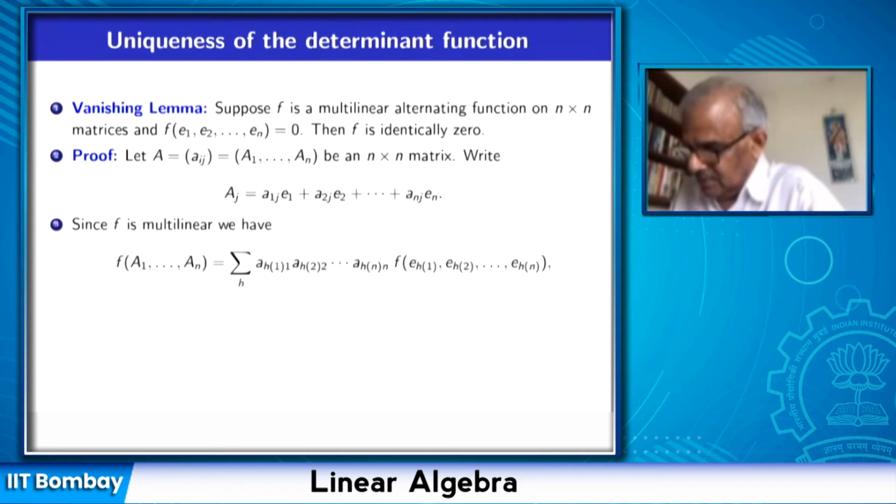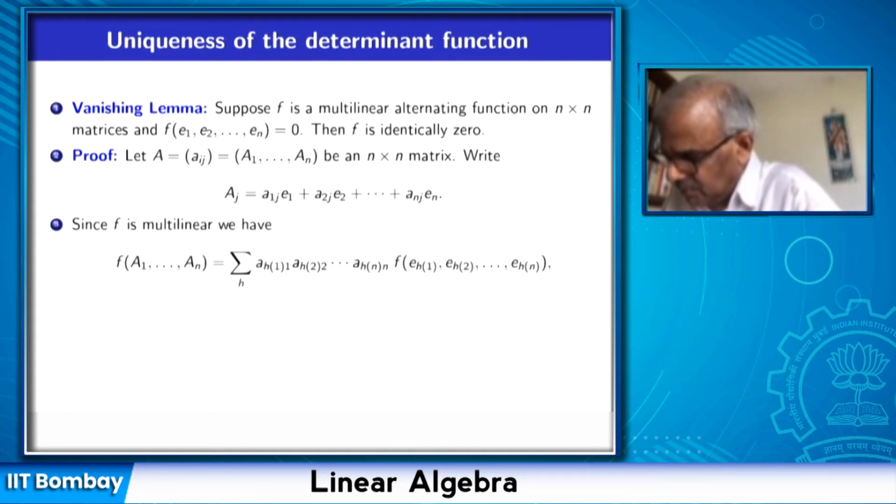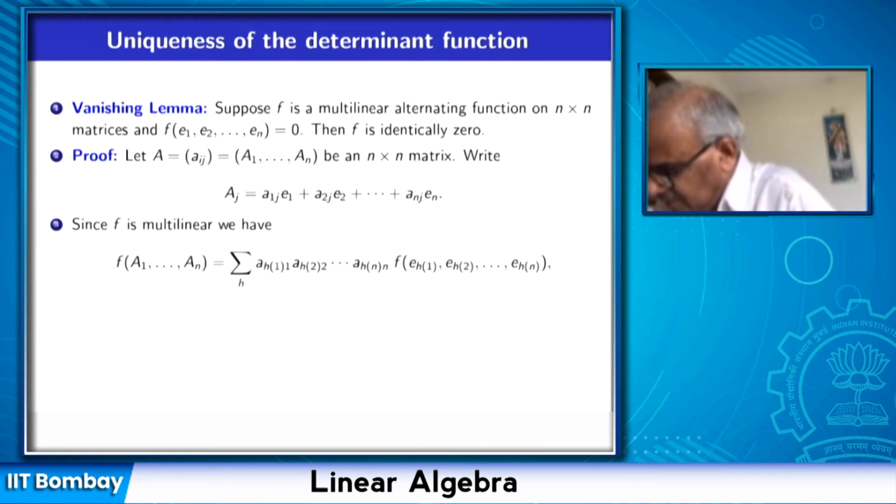Now f is multilinear. So once I write each column vector as a linear combination of e1, e2, en, I follow the process that I followed for 2 by 2 matrices and apply the multilinear and alternating properties, and finally I will get a sum where I have a permutation of e1, e2, en.